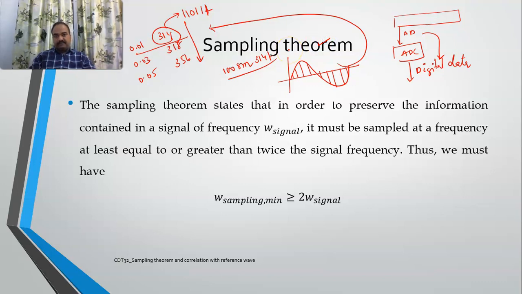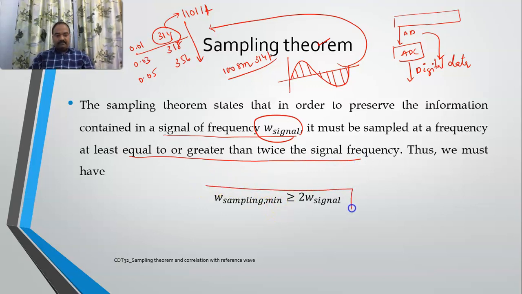It states that in order to preserve the information contained in a signal of a given frequency, it must be sampled at a frequency which is at least equal to or greater than twice the signal frequency. This is the condition: the sampling frequency fs must be greater than or equal to 2 f supply.